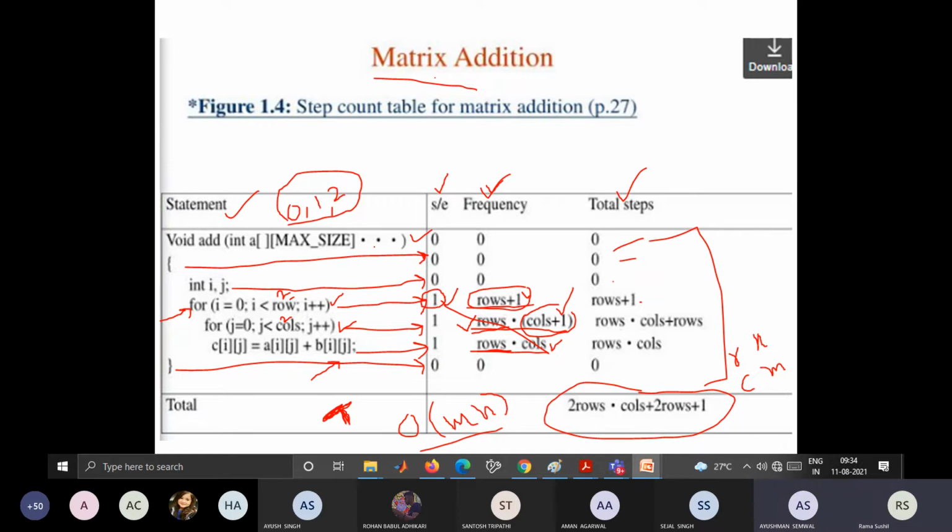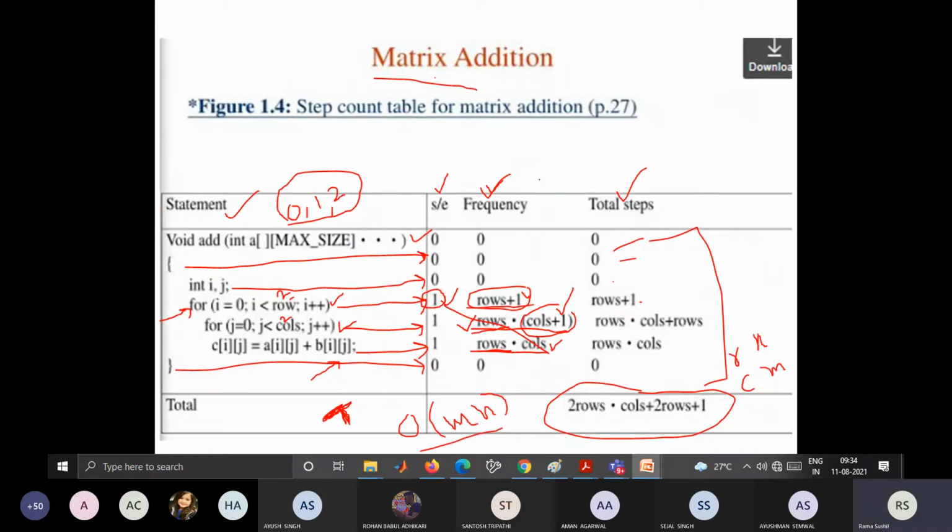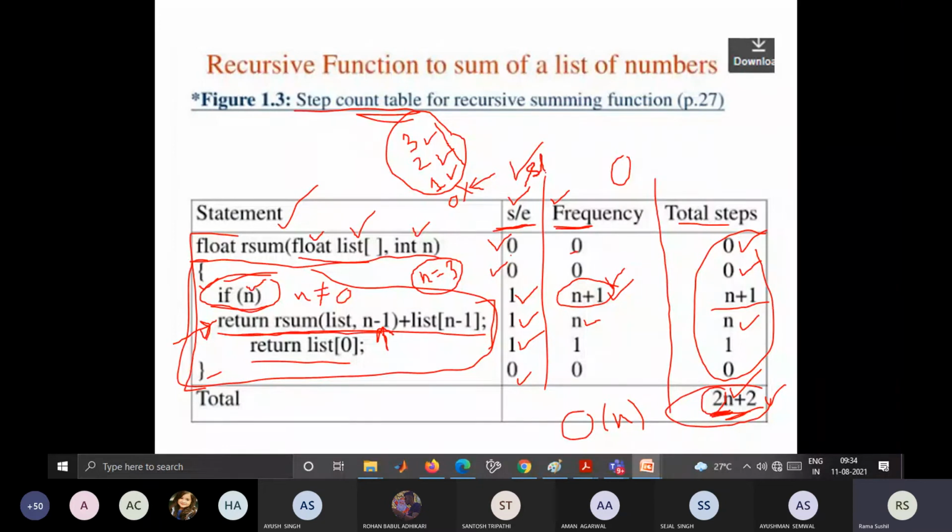S/E to the left of frequency. This is steps per execution. Number of steps per execution. When it executes once, how many steps are executed? Okay, steps per execution. I told here about this, steps per execution. Okay, it is fine to mention steps per execution.